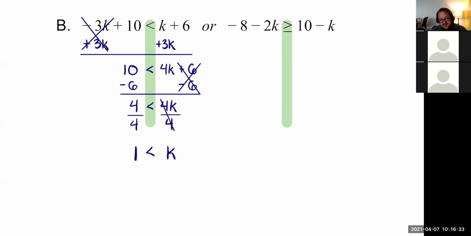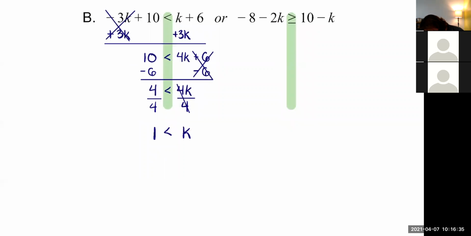So I have 1 is less than K, which for our purposes, it's going to be a whole lot easier. So instead of leaving it as 1 is less than K, I'm going to flip it to say K is greater than 1. That's going to help me when I transfer to the graph down below in just a moment.